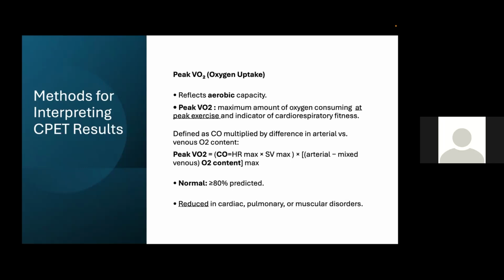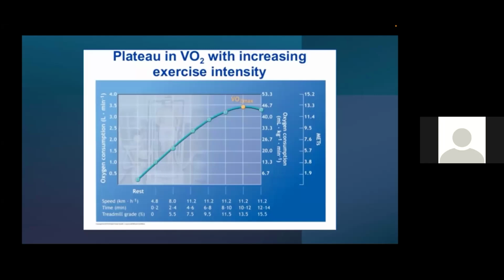As we discussed before, it's equal to cardiac output times oxygen content, and normally should be more than 80% of predicted. And if it's reduced, that means it's abnormal. We have an abnormal CPET, but we need to identify the cause by the other parameters.